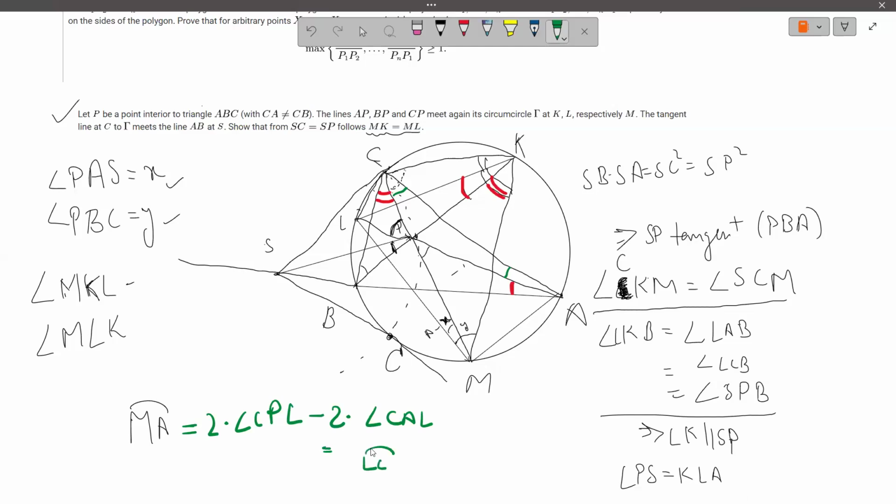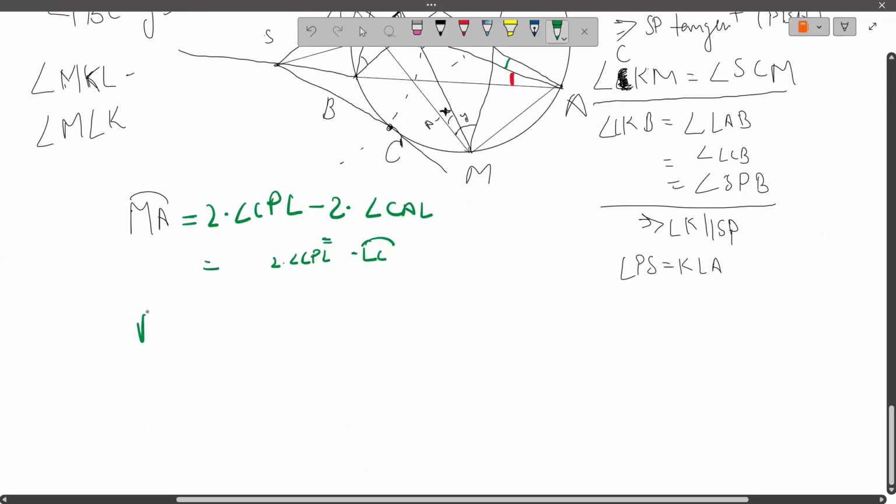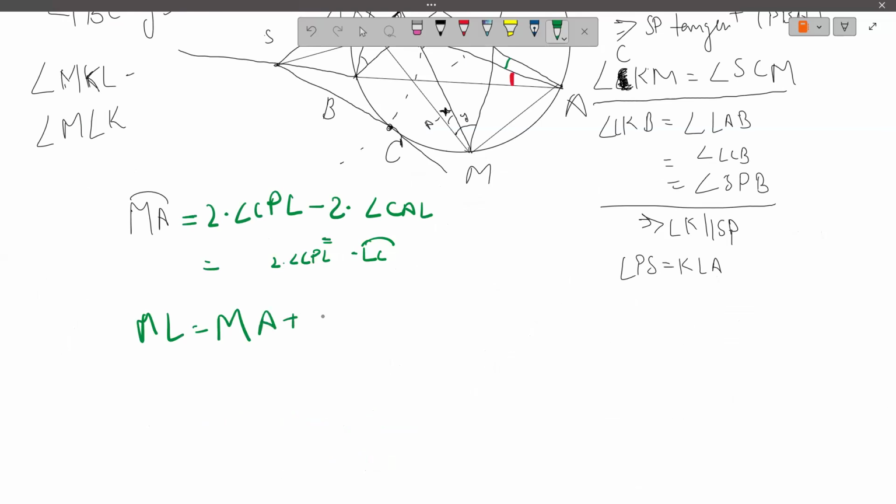True, this is arc LC, negative two angles CPL. This is indeed true. Right, so if you look at arc ML, ML is equal to MA plus this two times angle AKL. True.